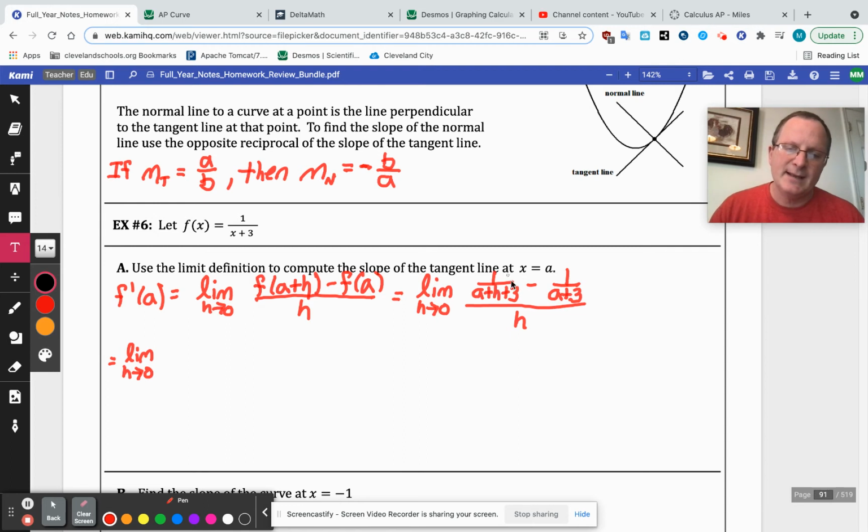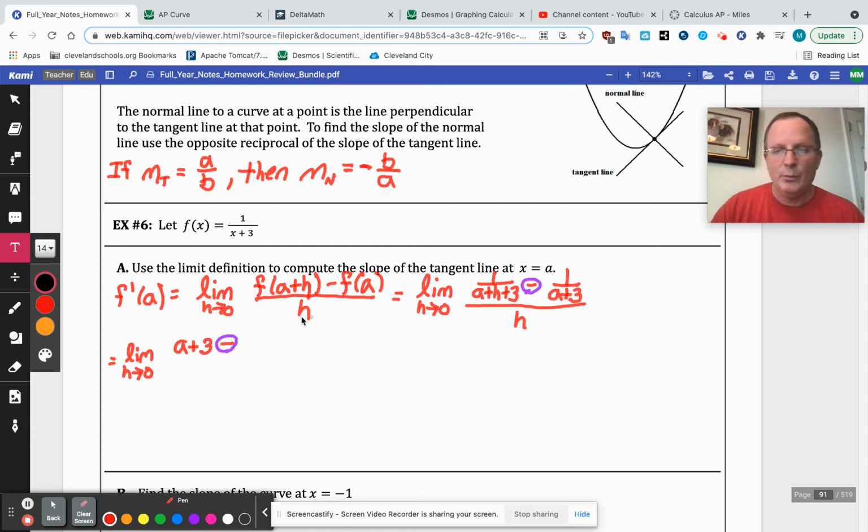So this fraction would become a plus 3. I'd have to multiply top and bottom of it by a plus 3. So I'd have a plus 3 minus, and that's this minus sign right here, I'd have to multiply top and bottom of this fraction by a plus h plus 3.